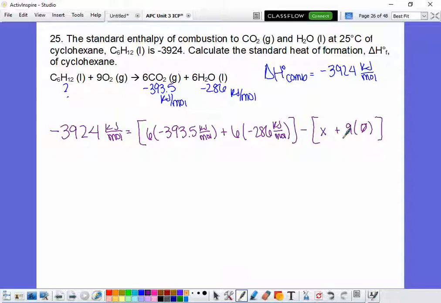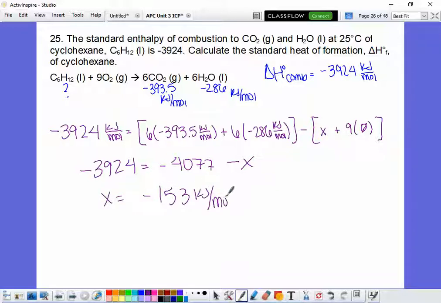Through the power of algebra, you should be able to solve for x. Let me give you the intermediate step just in case you struggled with this. You should have gotten to this point at some point. Negative 4077 minus x. So manipulate, solve for x, and you should get x as negative 153 kilojoules per mole.